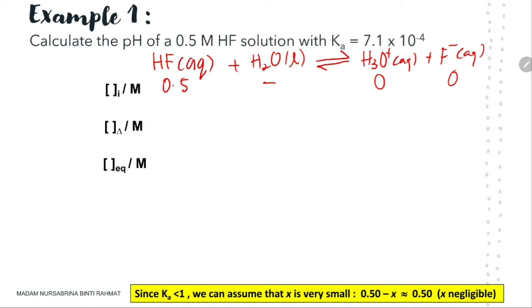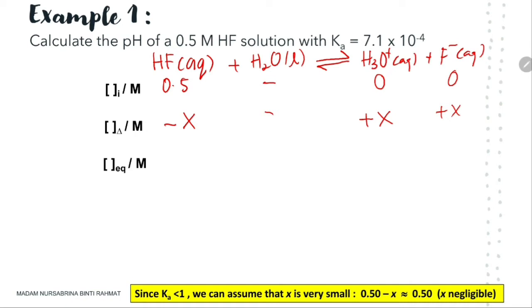For changes, just like in your Kc and Kp in chapter 6, it is in terms of X. I'm going to use up HF through the ionization process, so it's negative, and 1 mole of HF is present, so negative X. For H3O+ it is positive because we produce it, and positive X because we only have 1 mole of H3O+, and positive X as well for my F-.